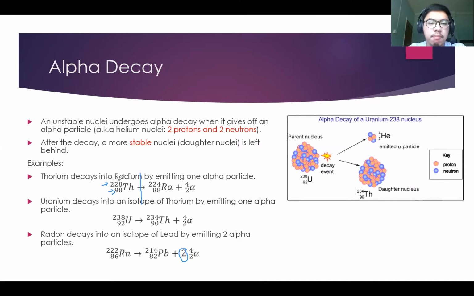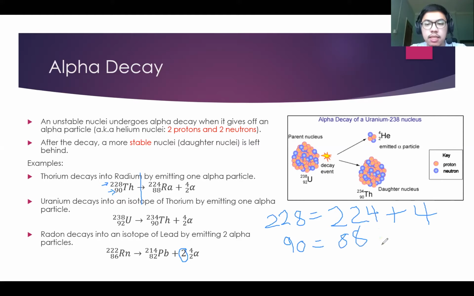There, it all checks out. And the number at the bottom also should be equal on the left and on the right. So you have 90 for thorium, and then for radium, 88, plus the atomic number for the alpha particle, which is 2. So there you go, 88 plus 2 is 90.